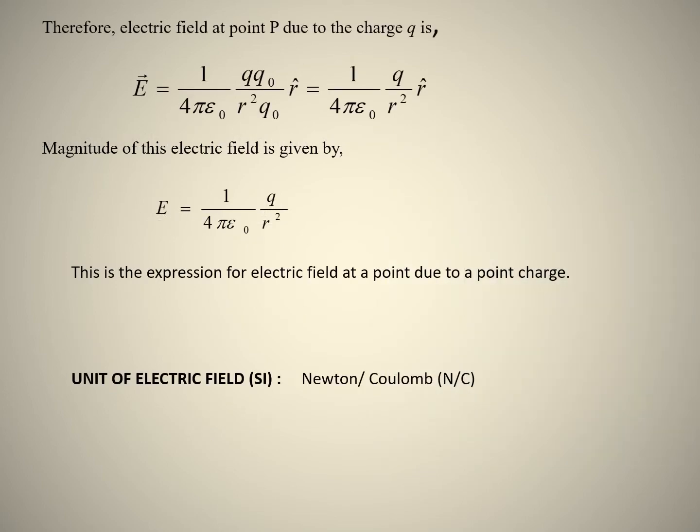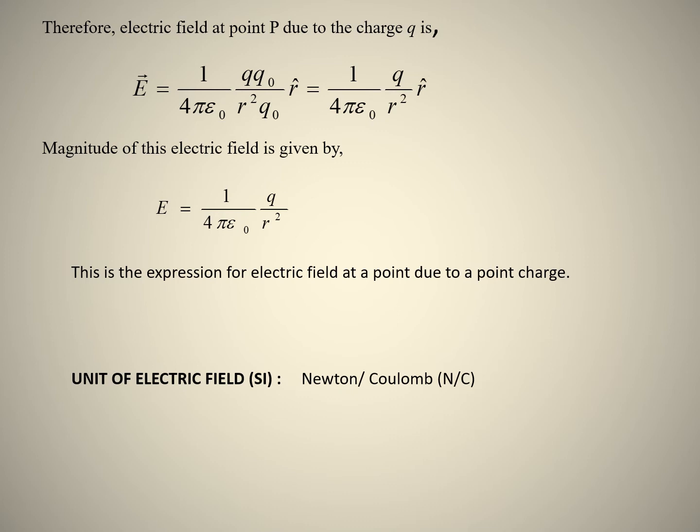Therefore, by putting the expression of F into the expression for E, we get the electric field at a point due to the charge Q as E is equal to 1 by 4 pi epsilon naught Q into Q0 by r square and Q0, and that is equal to 1 by 4 pi epsilon naught into Q by r square.